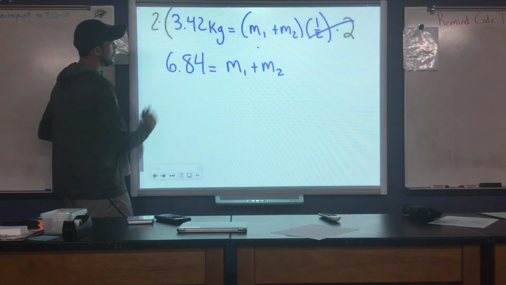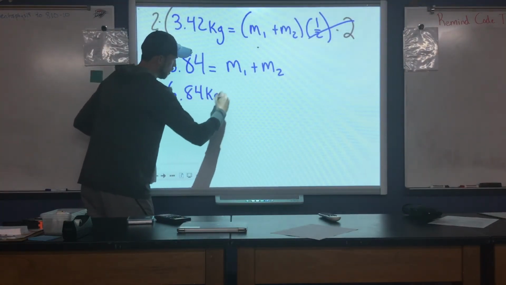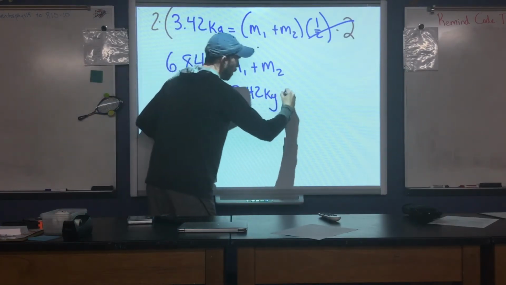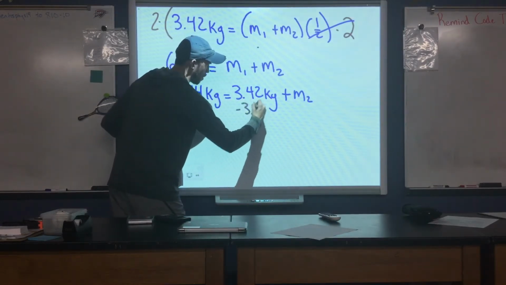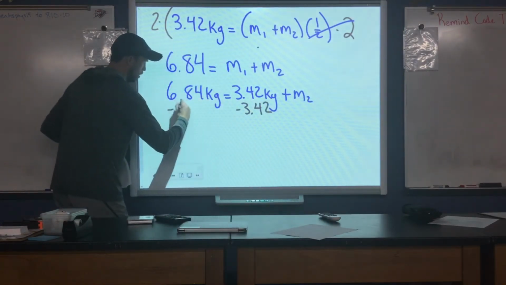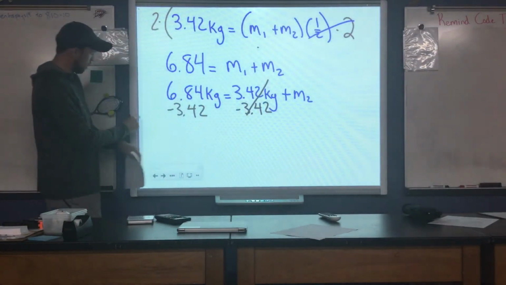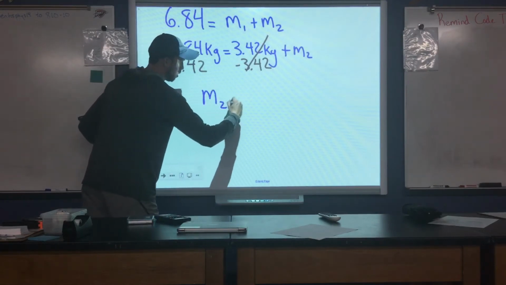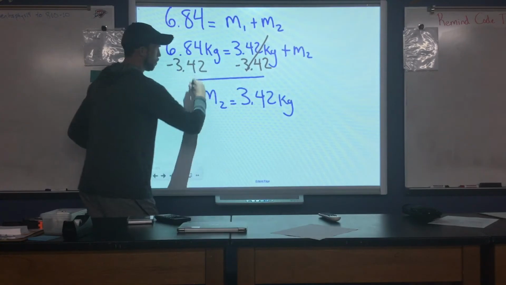So here we go. 6.84 kilograms is equal to 3.42 kilograms plus m2. So now to get m2 by itself, I can just subtract 3.42 from both sides, and I end up getting a mass of object 2 that is the same as the mass of object 1.